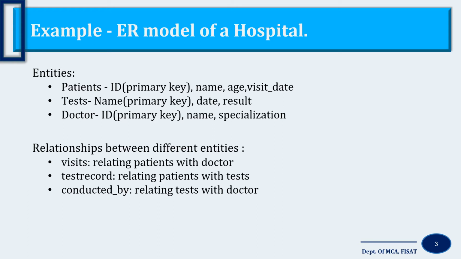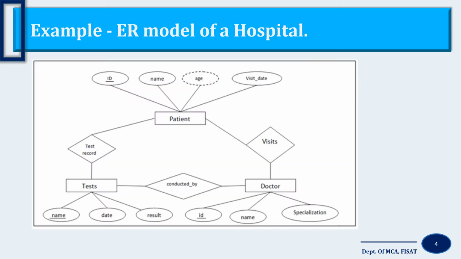So the entities are represented by rectangles and the relationships are represented by diamonds. In Chen's notation, as we already said, we'll have three entities: patient, test, and doctor. They are specified using these rectangles, and the diamonds are used for representing the three relationships.